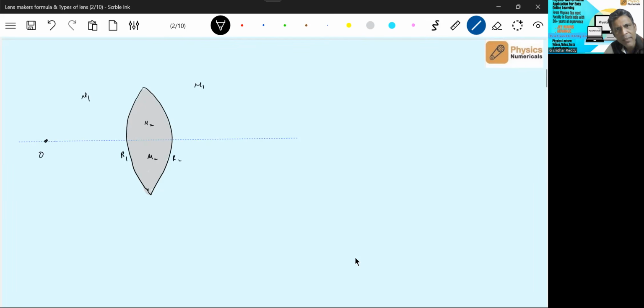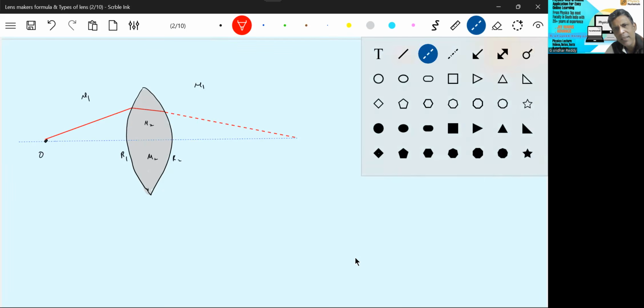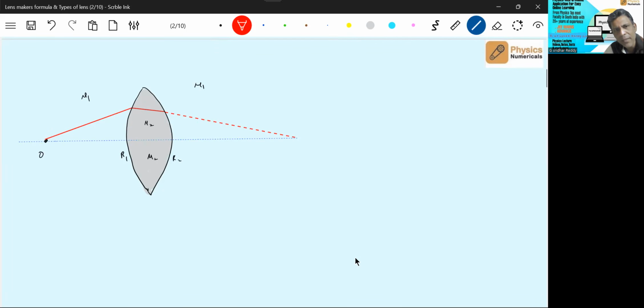The ray which is incident, let me choose the red color, will undergo refraction here. So it is moving from, let's assume, rarer to denser, will undergo refraction. And it finally wants to meet the optic axis somewhere here. But again, the ray will further undergo refraction and finally will converge at this particular point.